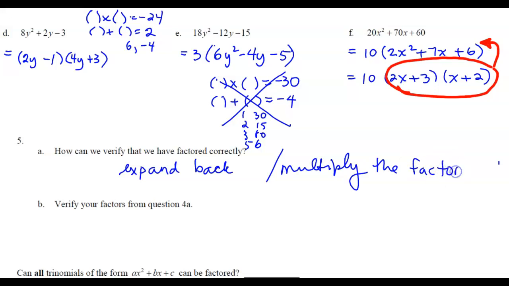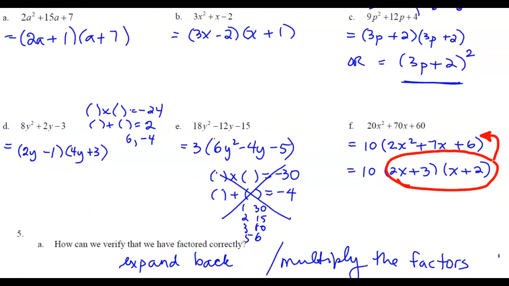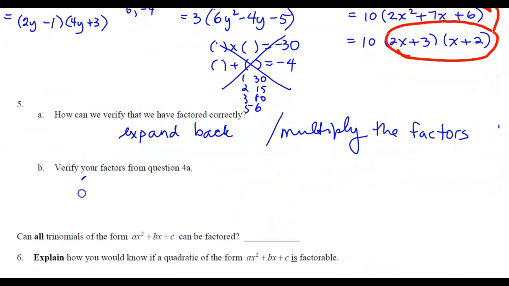Okay. So verify your factors from question 4A. That was 2a plus 1, a plus 7. Okay, so expand it back. Now, notice you might have had a plus 7 times 2a plus 1. They're the same. Right? If you go 3 times 4, that's the same as 4 times 3.